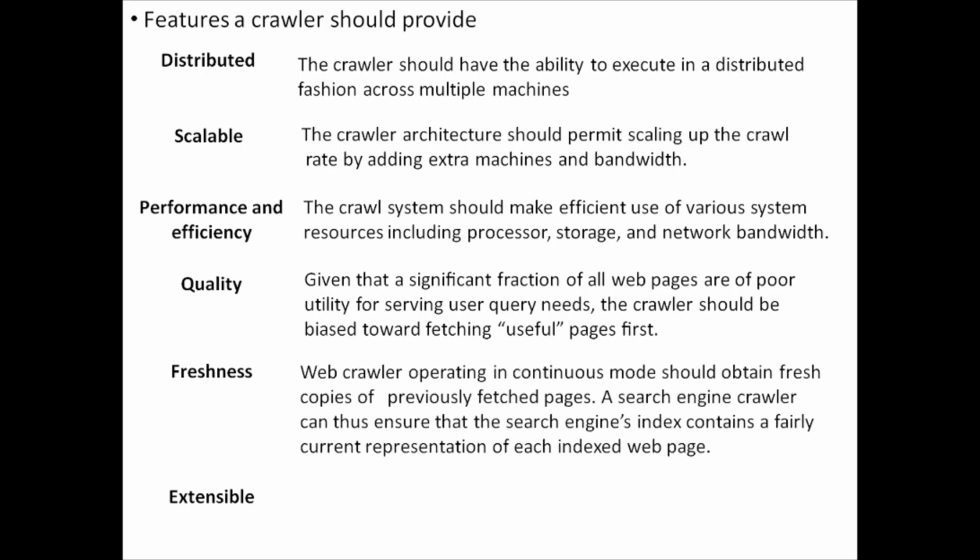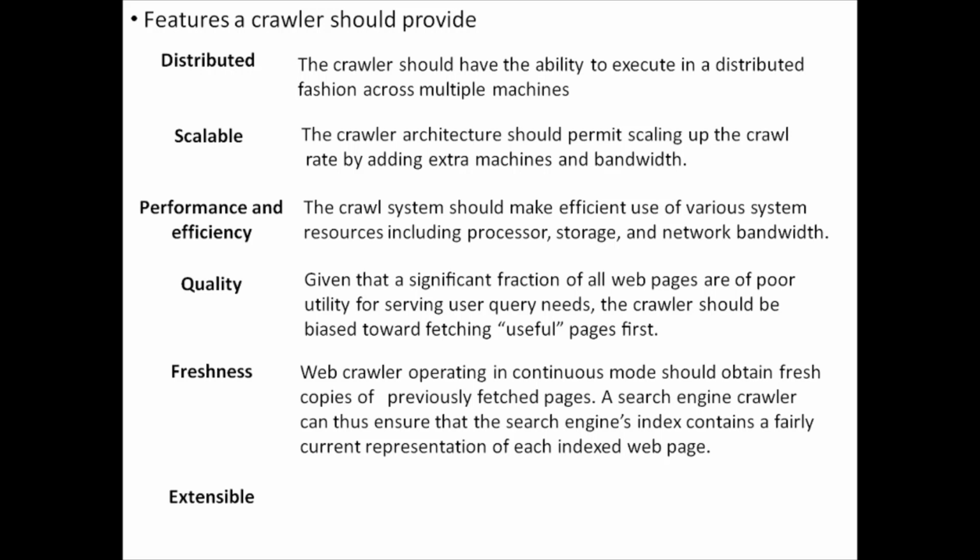Next, the freshness feature. The web pages will be updated from time to time. There is a chance that after fetching the corresponding web page from a URL, after some time the web page is updated. So due to that reason, the web crawler operating in a continuous mode should obtain fresh copies of previously fetched pages. A search engine crawler can thus ensure that the search engine's index contains a fairly current representation of each indexed web page.